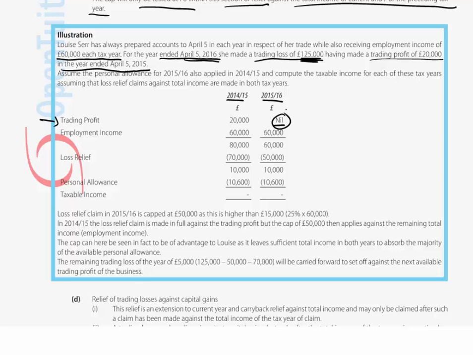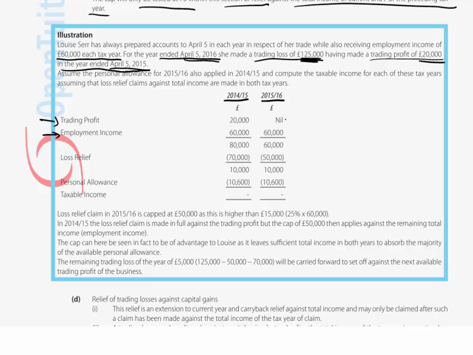In the previous accounting year, year ended April the 5th, 2015, that ends in the 14-15 tax year, trading profit 20,000, there it is. So we set up our computations for the two tax years concerned, current tax year 15-16, preceding tax year 14-15. Because the current year is a loss, the assessment is nil, and we put the £20,000 in as the assessment for the previous year. Employment income, £60,000.